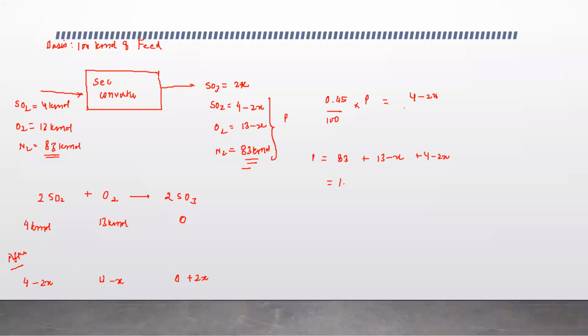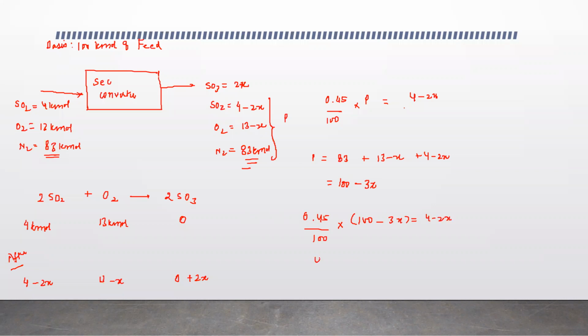That is going to be your total. All right. Now, since we have P, we are going to substitute it over there. So that is going to be 0.45 by 100 into 100 minus 3x is equal to 4 minus 2x.